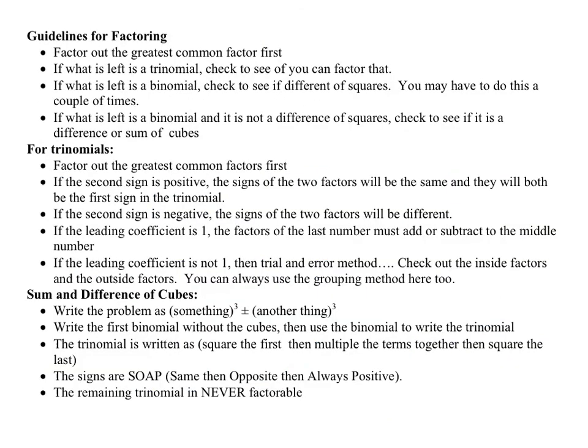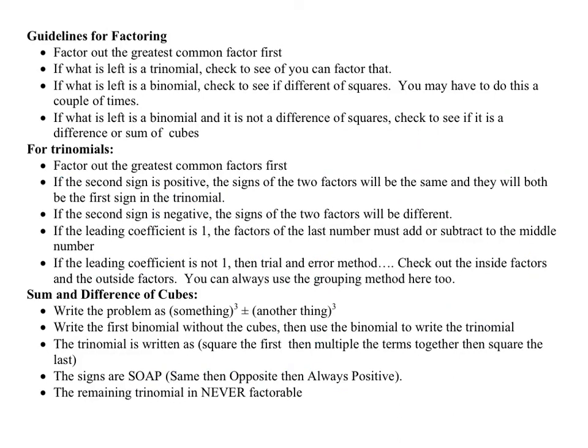Now here is a whole list of guidelines for factoring that you should have out when you do your assignment. Factor out the greatest common factor first. If what is left is a trinomial, check to see if you can factor that. If what is left is a binomial, see if it's a difference of squares. You may have to do this difference of squares a couple of times.